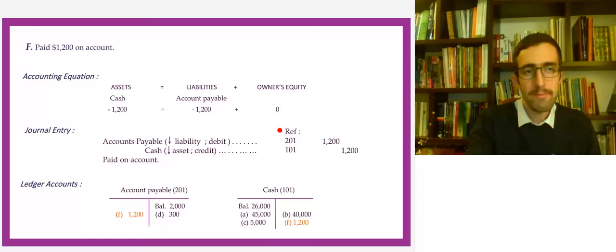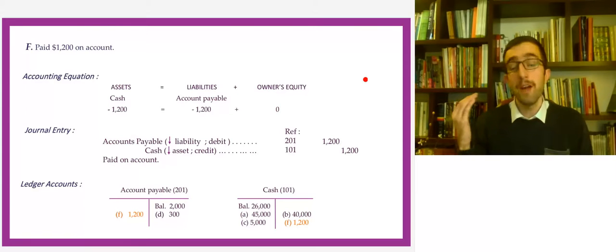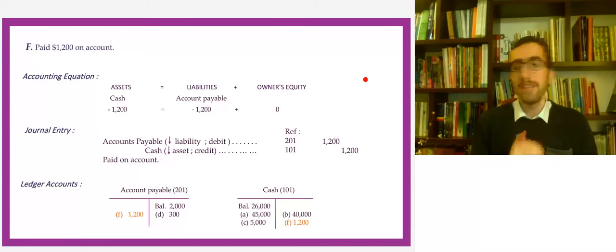The next one is paid $1,200 on account. It is very easy. Accounts payable $1,200 on the debit side and cash $1,200 on the credit side, and both of them decrease.